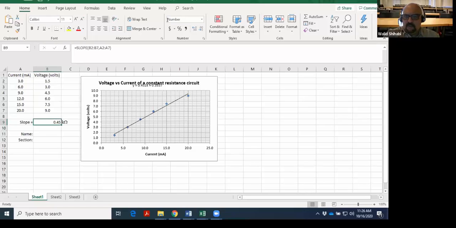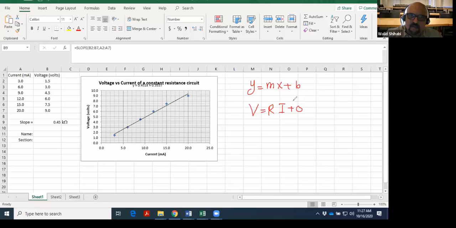Why? Because if you remember the equation of straight line, in the case of straight line, y equal to the slope times the x-axis plus the y-intercept. So here, the equation of this graph is the voltage equal resistance times current plus 0.